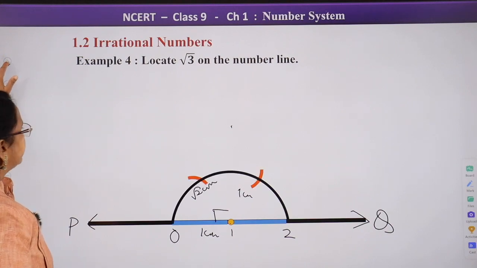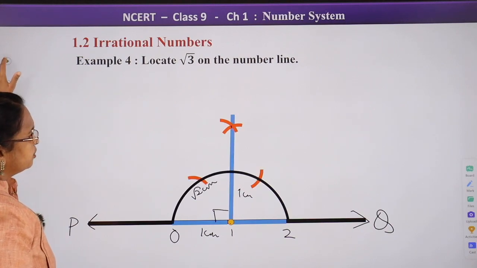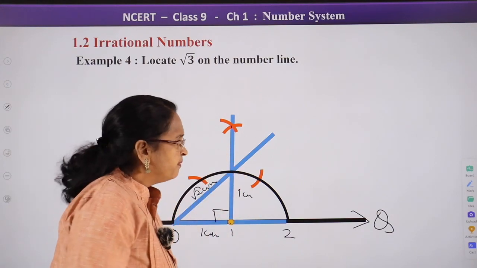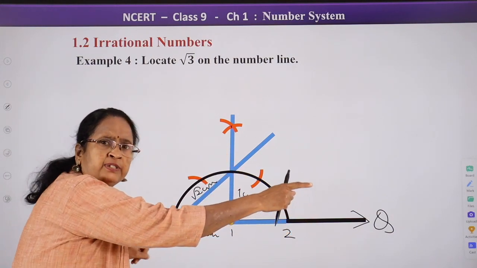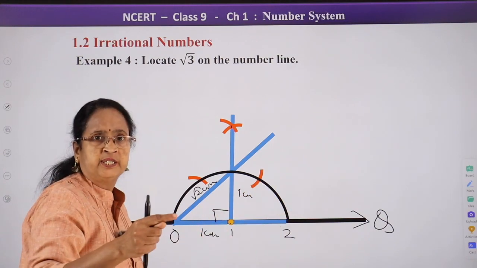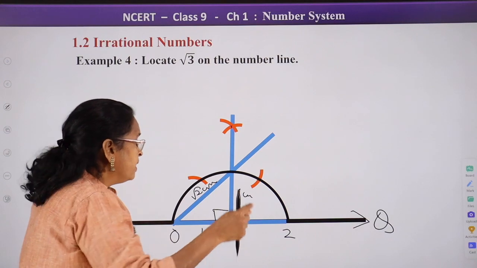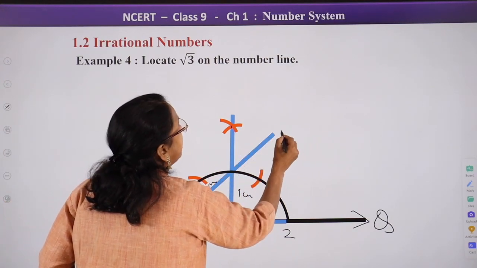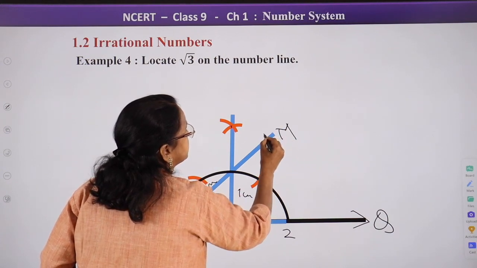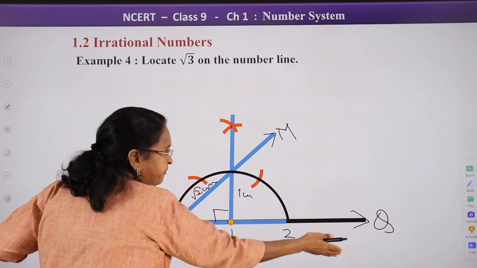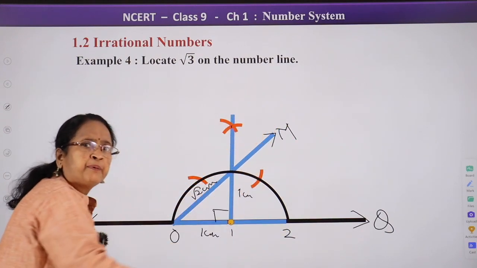So we did till root 2. Now, how is this the extension? PQ is the line which we have taken as the base. Now the base changes. Now the base is this point O, and I can mark this as M. Now this has shifted to this tilted position.